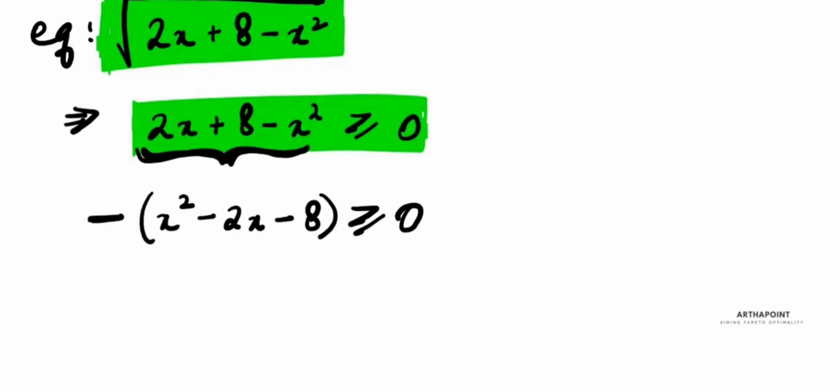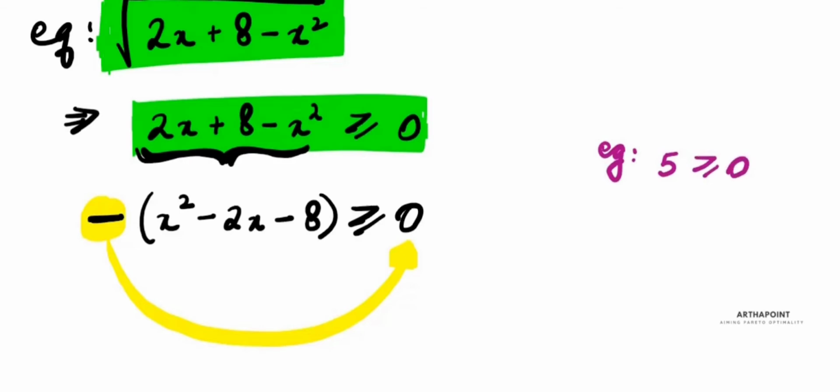If I have a negative sign, if I have to shift the negative sign to the other side. For example, if I tell you 5 is greater than or equal to 0, then I'm saying minus 5 is less than 0. Whenever I multiply by a negative sign in the equation, this sign right here, it changes.